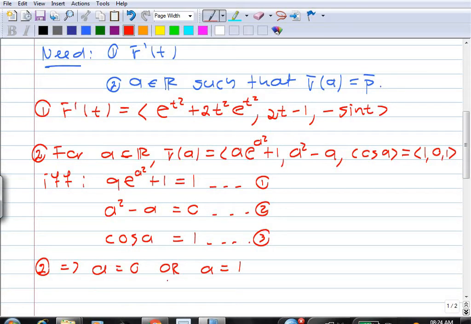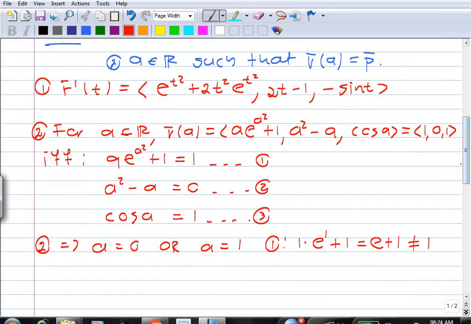These two values satisfy the second equation. But now we must check, do these also satisfy the other two equations? Well, if a is equal to 1, and we substitute it into the first equation, then we get 1 times e to the 1 plus 1, which is e plus 1. And that's definitely not equal to 1.